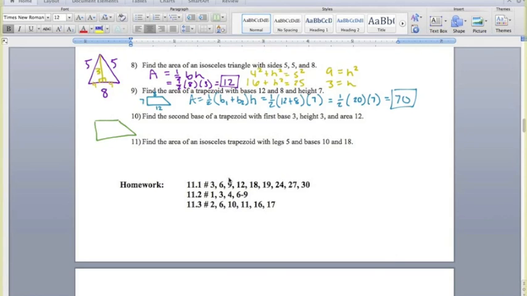So it says find the second base of a trapezoid, where the first base is 3, and the height is 3, and the area is 12. So area, our formula is 1/2 base 1 plus base 2 times height.